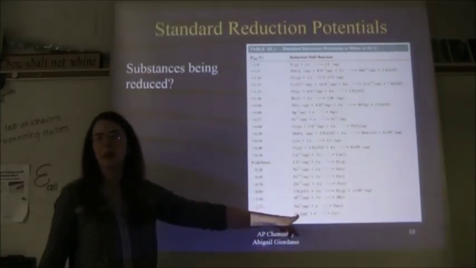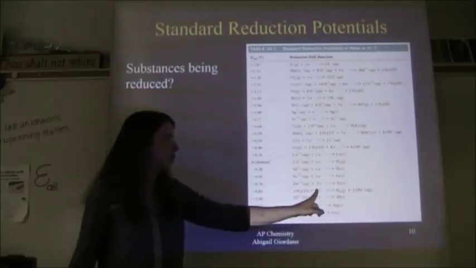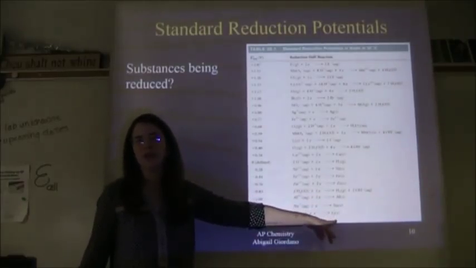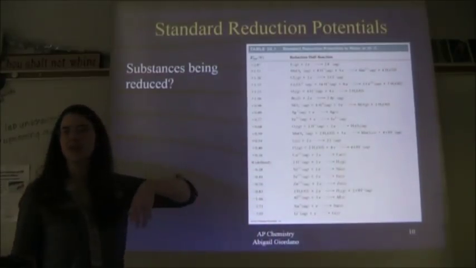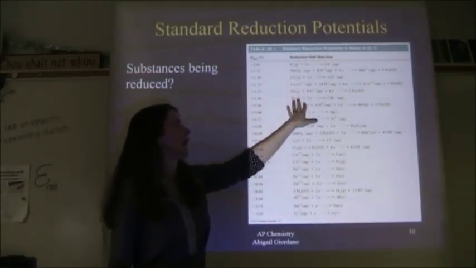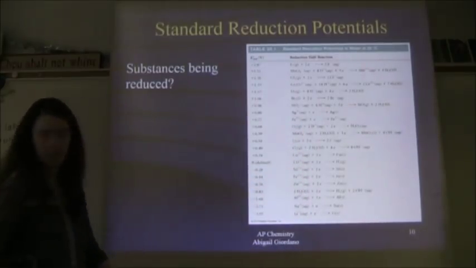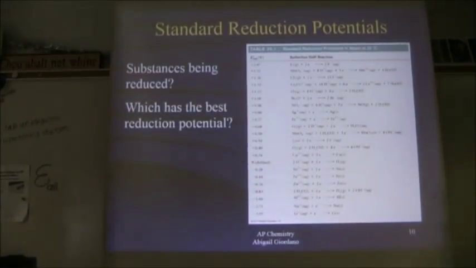Lithium goes from a +1 charge to 0. Would you agree that that is decreasing? Yes. Okay. So where are the substances being reduced? We're looking at our reactants here. Which has the best reduction potential? Let me say that to you another way.